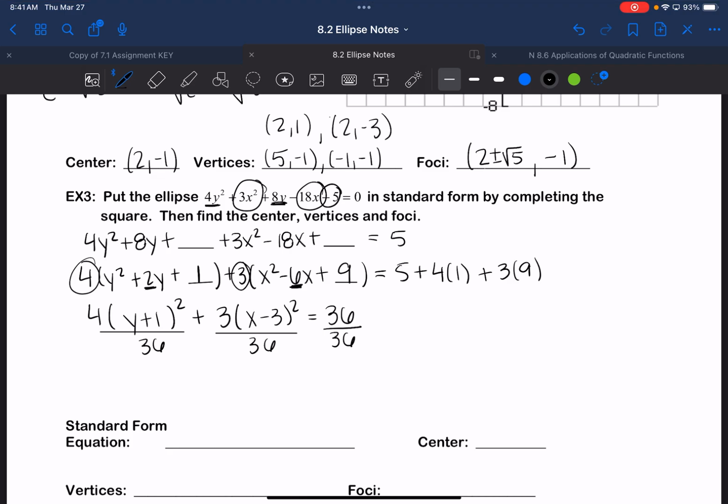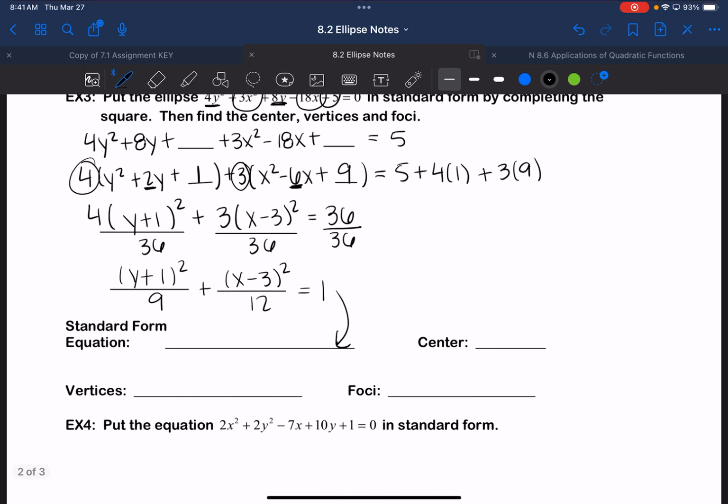All right, so we're going to end up here with our y plus 1 quantity squared over 9, plus x minus 3 quantity squared over 12 equals 1, right? I should have just gone ahead and written that in the blank. That's what we would put here in the blank for our standard form of the equation.